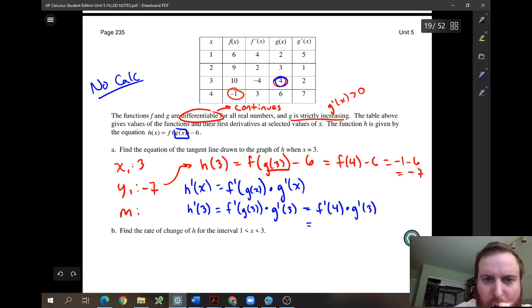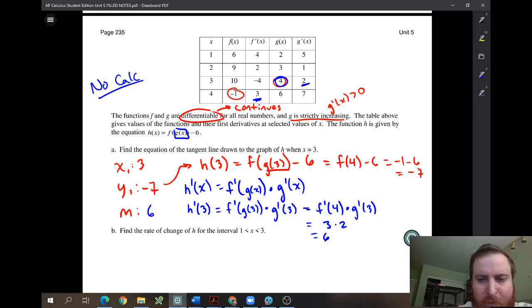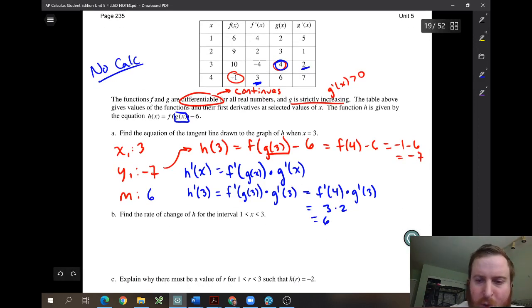So f prime of 4 is 3, and g prime of 3, not 4, is 2. So this is 3 times 2, and we'll get 6. So we need to write the equation of the tangent line. So I'll kind of write it out here. y minus negative 7, that's going to turn to y plus 7, equals 6 times x minus 3.